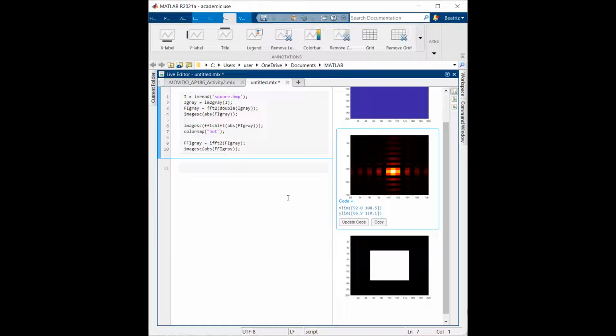Because of that, they are inverses, guys. In space it's x, but in frequency it's 1 over x.